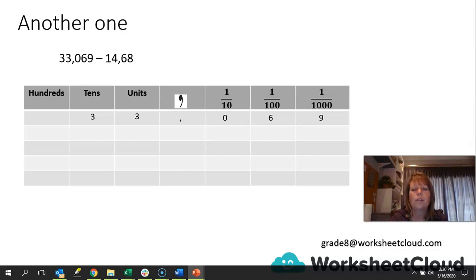Okay, then we're going to put in our 14, 1 under the tens, 4 under the units, our decimal comma, and we've got 6 under the tenths and 8 under the hundredths. We are not given any value for the thousandths, so we can either put in a placeholder as 0, or we can just leave it out. It's going to make no difference.